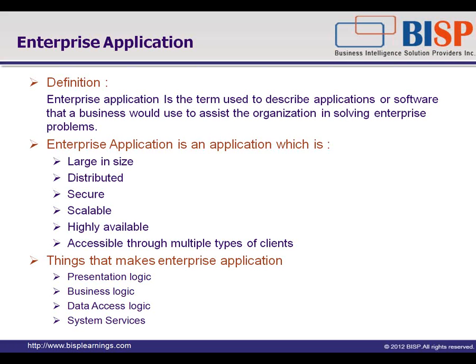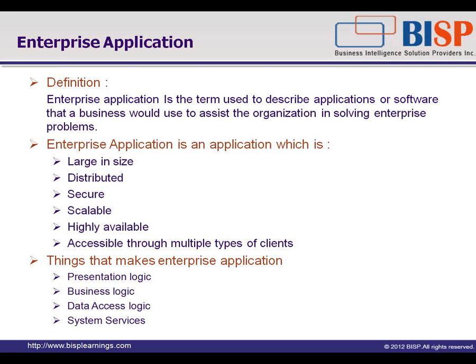So it means enterprise applications can be accessed from different channels. Next part here is what makes up the enterprise application. As I said, we use n-tier architecture, and we have different layers. We have presentation logic, business logic, data access logic, and system services.